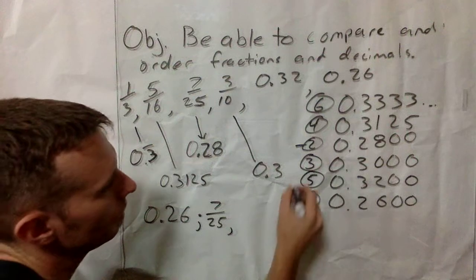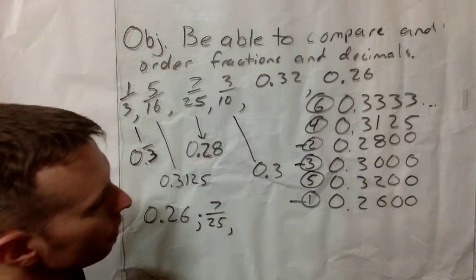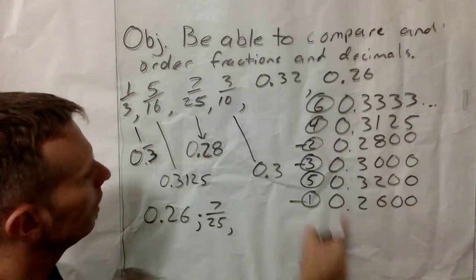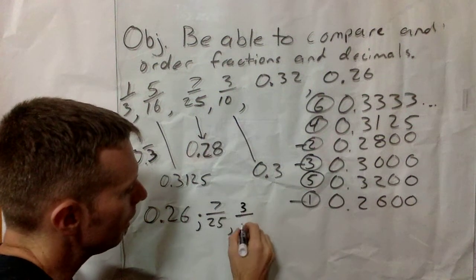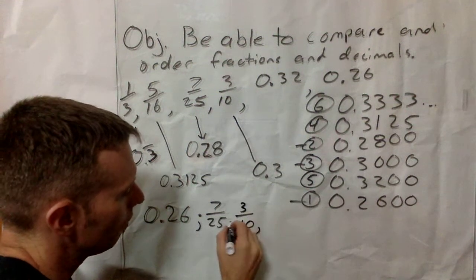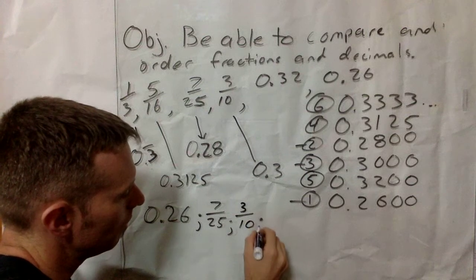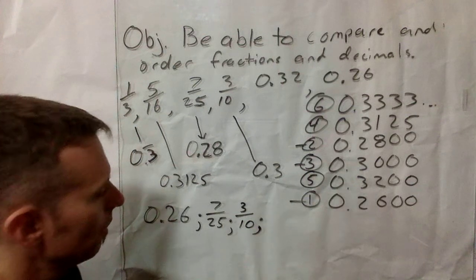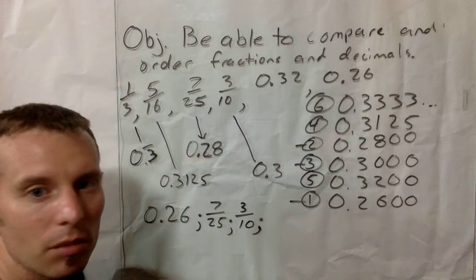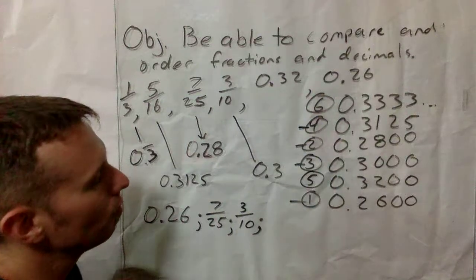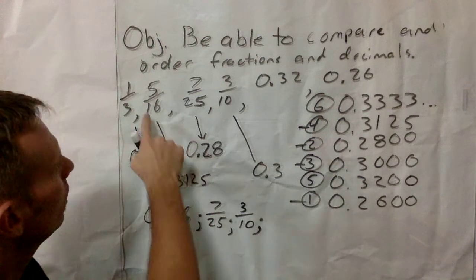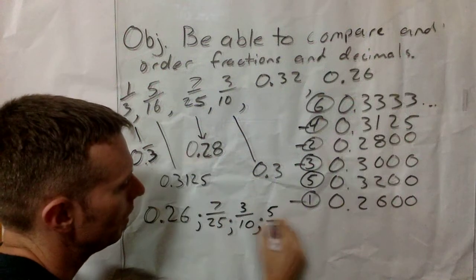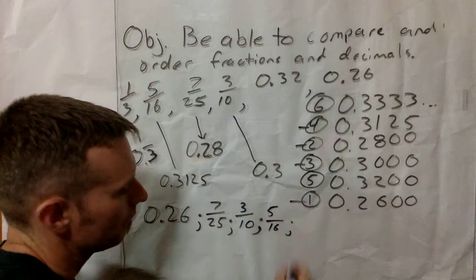The next one is this one, the third number, 0.3, and originally that was given to me as a fraction, so I'll go ahead and write that again as the fraction 3/10. Oops, we're using semicolons. Okay, the next number is 0.3125. That was originally given to me as the fraction 5/16.